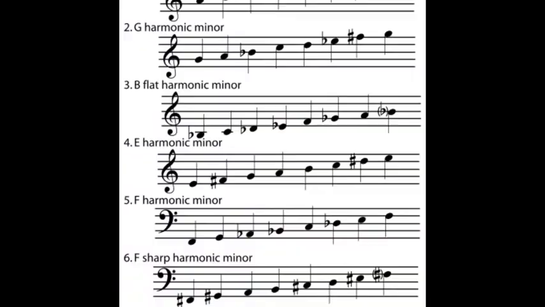So now that we have our scales, of course there are so many different scales, we're almost ready to move on to chords. But if you haven't realized, we've skipped notes altogether. So let's go back and talk about notes.